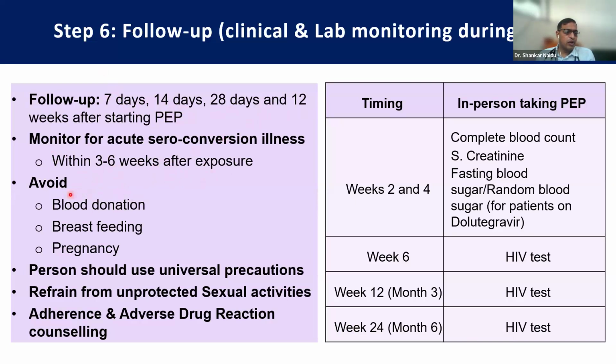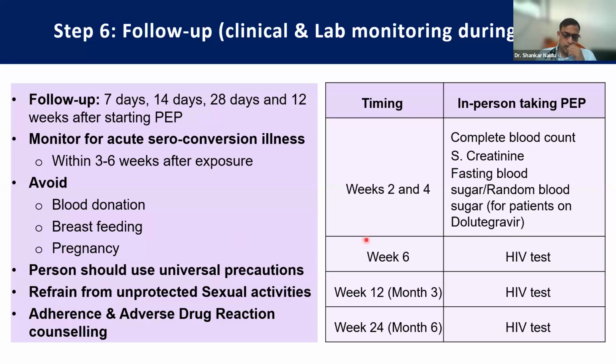Then we should advise them to avoid blood donation during this time, preferably avoid breastfeeding, and avoid conceiving during this period. And the person should use universal precautions up till 3 months after exposure, and refrain from unprotected sexual activities, and adherence and adverse drug reaction counseling has to be done every week.